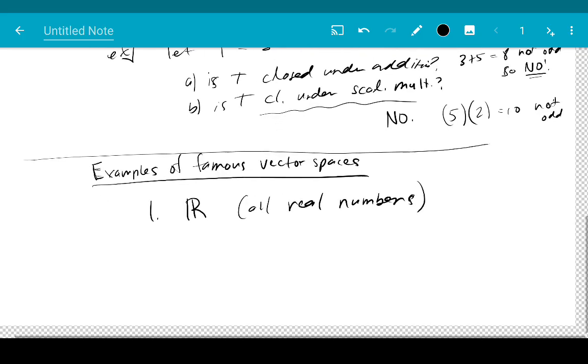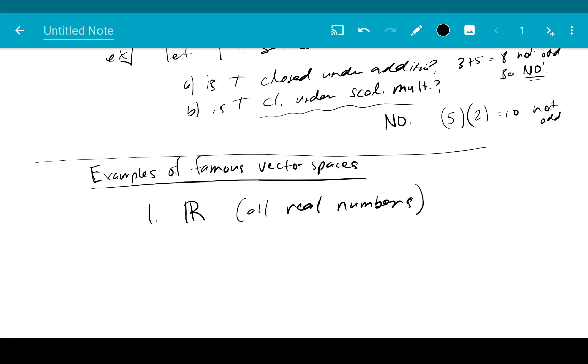So think about this: if you take any two real numbers and add them together, you always get another real number. So since the set of real numbers already contains all real numbers, there's no way to add yourself out of the set. So it's closed under addition. And then what about scalar multiplication?